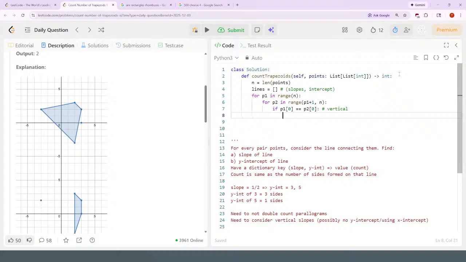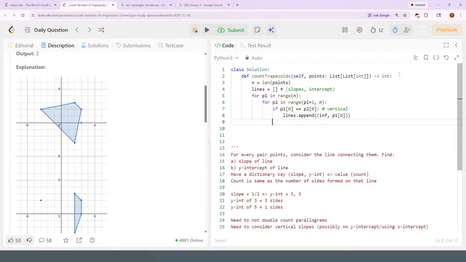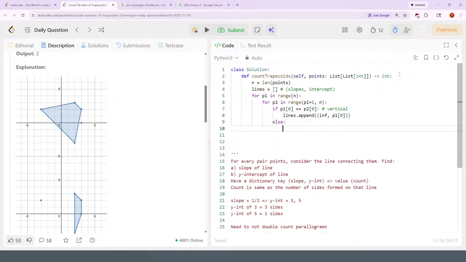So lines append infinite and then the x-coordinate. Else.